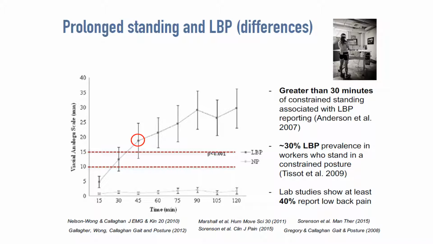In the left graph, you can see that in both people with low back pain and people with no pain, when the amount of standing reaches 45 minutes, they have a higher perception of pain and discomfort in their back area.